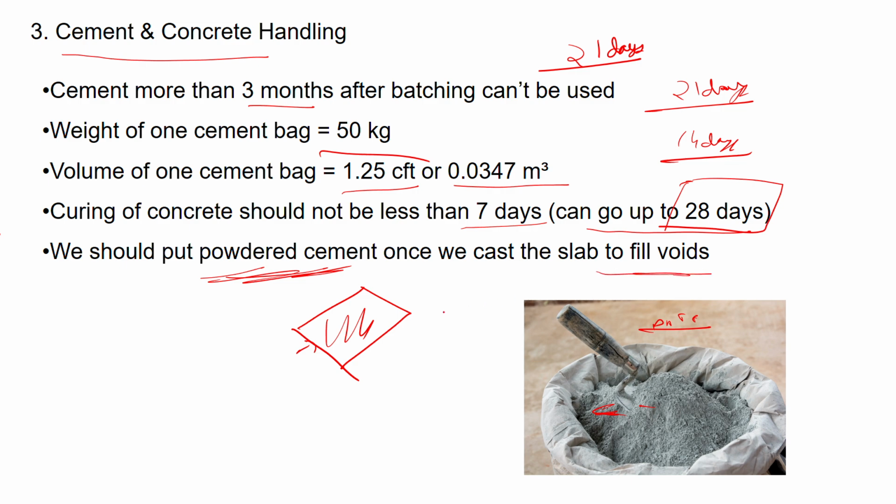Once the slab is cast, we have a bit of time to rest. At that point of time, at last we powder it so that the voids will be filled. In industry, you'll understand why we do it.